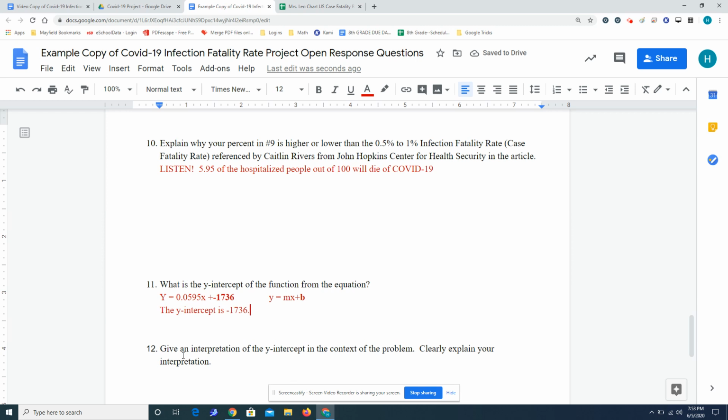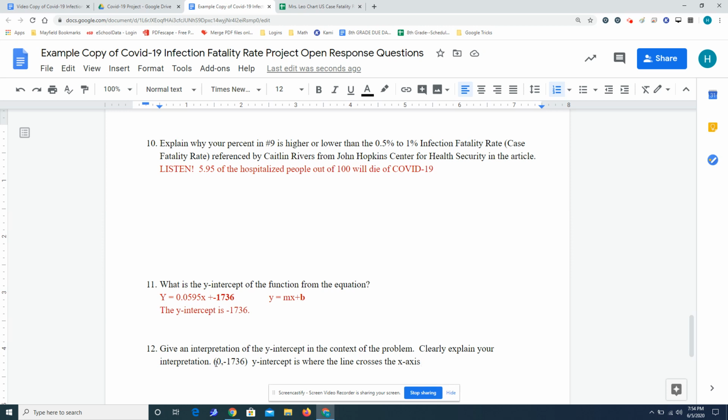Okay. Now it says, give an interpretation of the y-intercept in the context of the problem. Clearly explain your interpretation. So if I look at my y-intercept, the point is actually 0, comma, negative 1,736. Because don't forget, the y-intercept is where it crosses the y-axis. And with that, what does that mean?